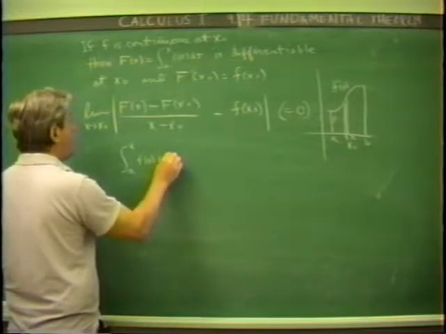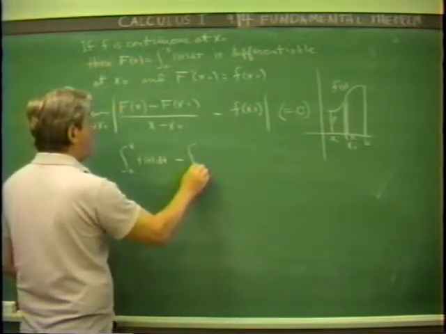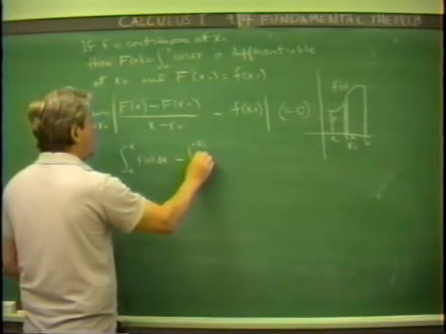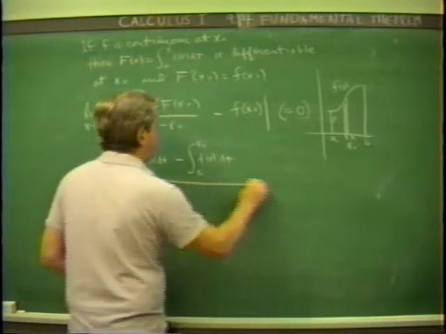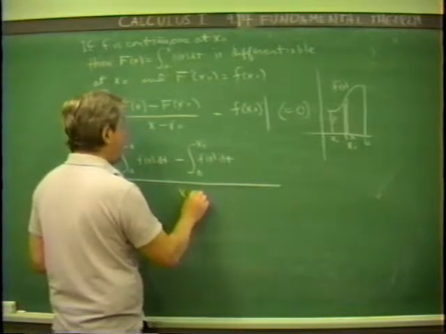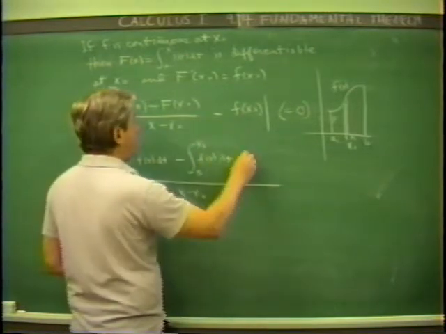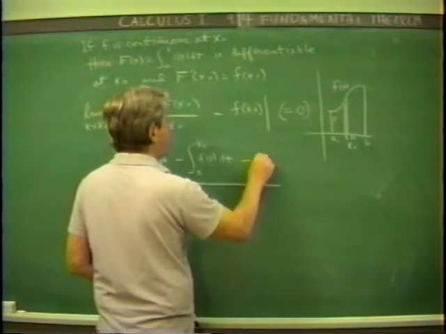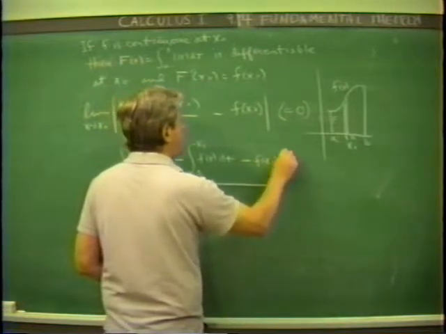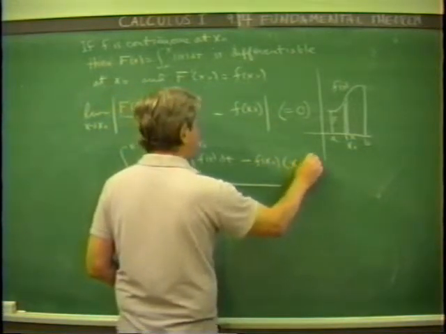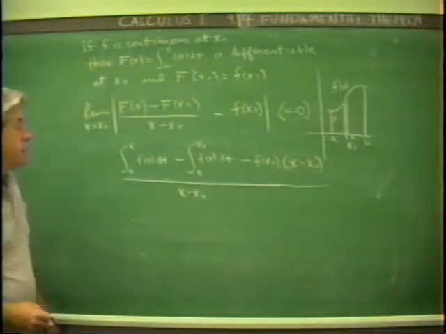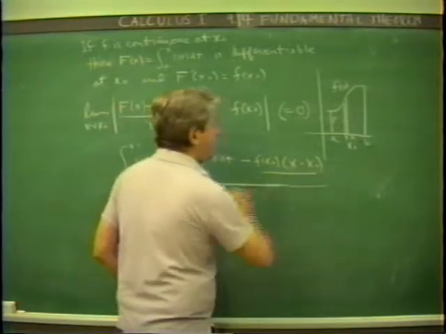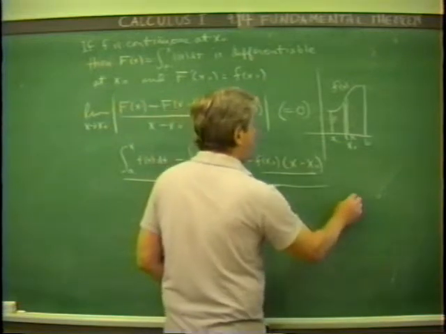Okay. Capital F of x is the integral from a to x of little f of t dt. And capital F of x naught is the integral from a to x naught, little f of t dt. And now I'm going to write this over x minus x naught, and I'm going to put this up here minus f of x naught times x minus x naught.